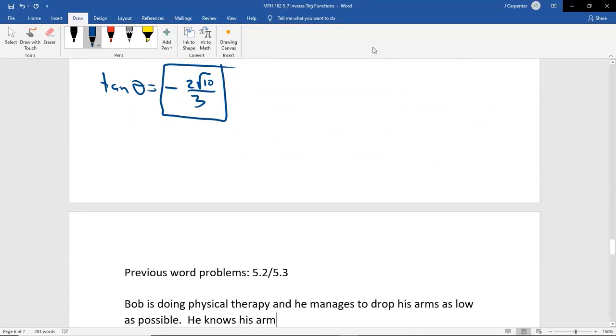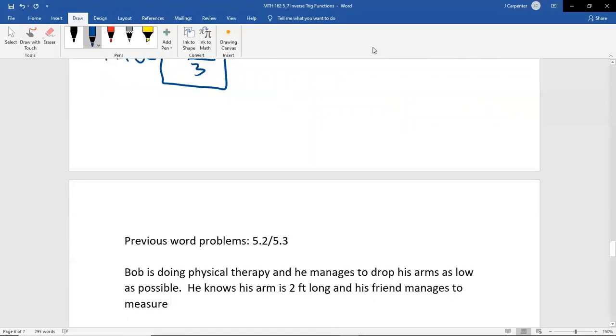He knows his arm is 2 feet long. And his friend manages to measure the lowest height he can achieve at 0.3 feet. What angle does his arm form against the ground?